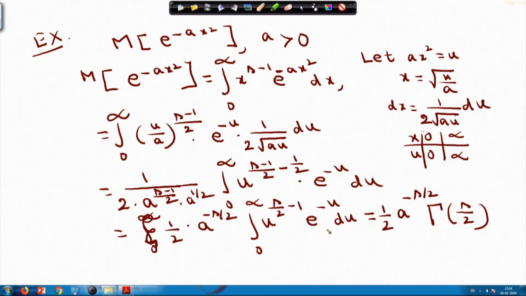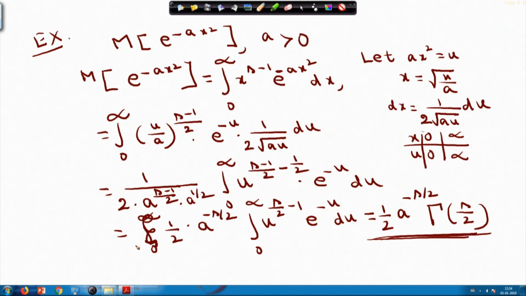So the Mellin transform of e to the power minus a x square is nothing but half into a to the power minus s by 2 into gamma of s by 2. Please note this result, because afterwards, for certain other examples, we will use this particular result: the Mellin transform of e to the power minus a x square equals half into a to the power minus s by 2 into gamma of s by 2.